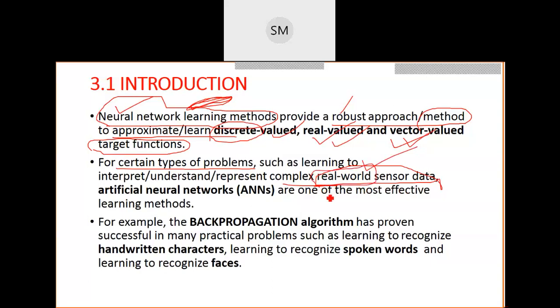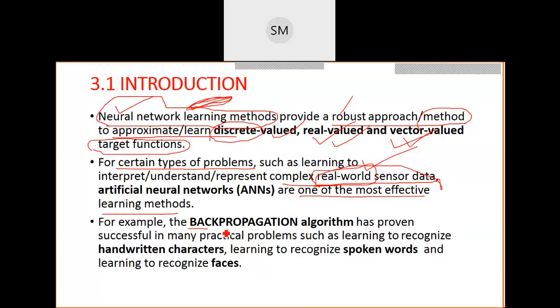Whenever you do a project with such sensors and sensor data, we can use these artificial neural networks. These are one of the most effective learning methods to solve complex problems which use real world sensor data.